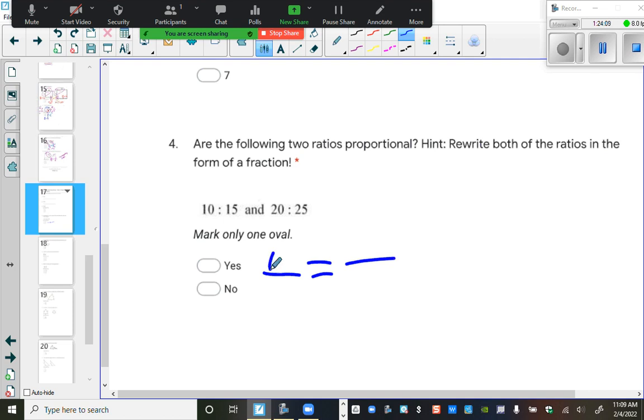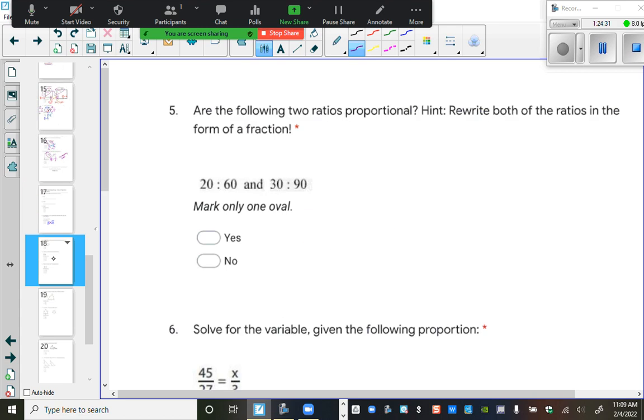Uh-huh. Okay. All right. And then you do your check. Do your diagonal multiplication. So that would be, that's a hit there. And try to blaze through these real quick. Okay, 5 is just like 4.